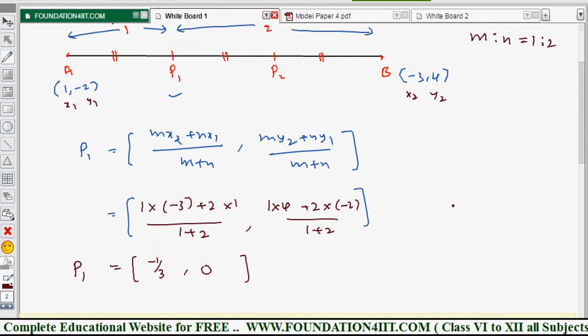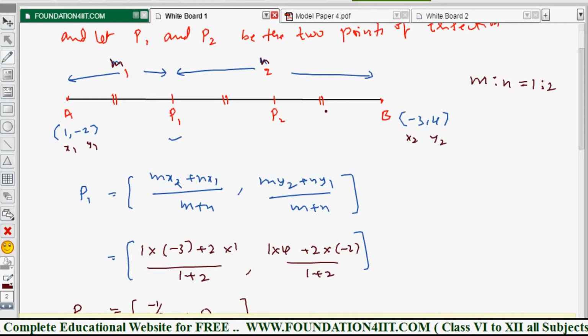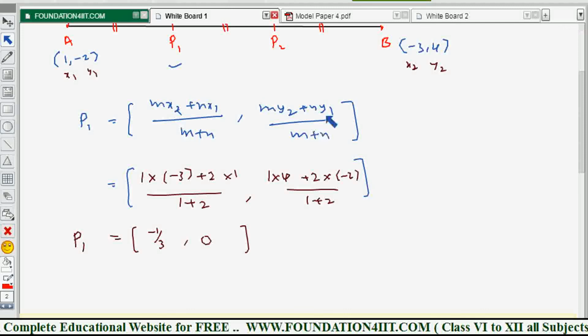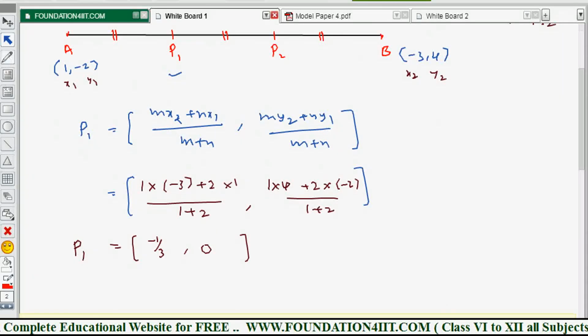And to find out the P2, if you take 2:1 ratio, you will get P2. Otherwise, if you observe, instead of using P2 in the ratio 2:1, P2 is the midpoint of P1 and B. Just we'll use the midpoint formula, you'll find out the P2 directly. Okay, for P1 and B, we'll use the midpoint formula. So I'll do this side.